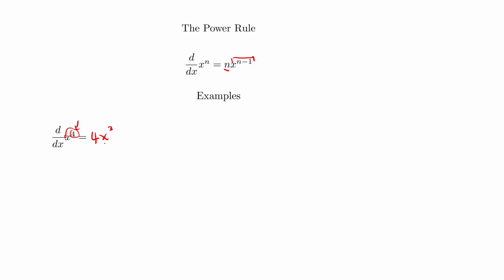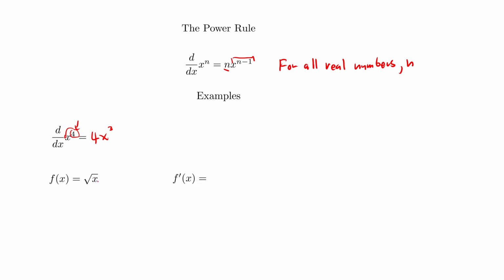So this is going to be just 4x cubed. Again, we could also have used a limit definition to get here, but this makes things significantly more simple. It does turn out that this actually works for all real numbers, so for any value of n.